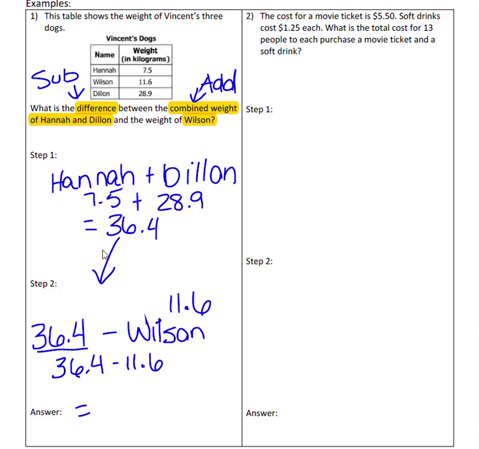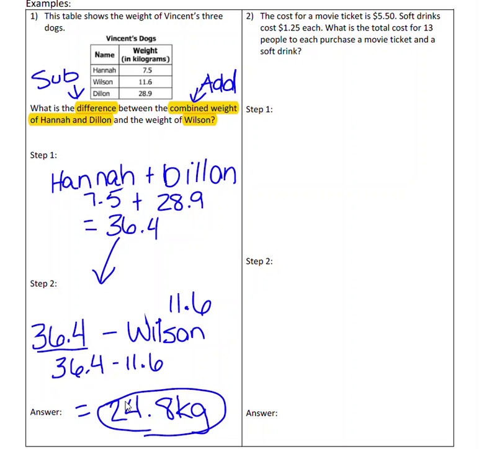And I get a final answer of 24.8, and we're measuring in kilograms. So that is the difference between Hannah and Dylan versus Wilson. Okay, so I want you to lay out the roadmap first, always, and then you can start solving the problem. So let's look at number 2.